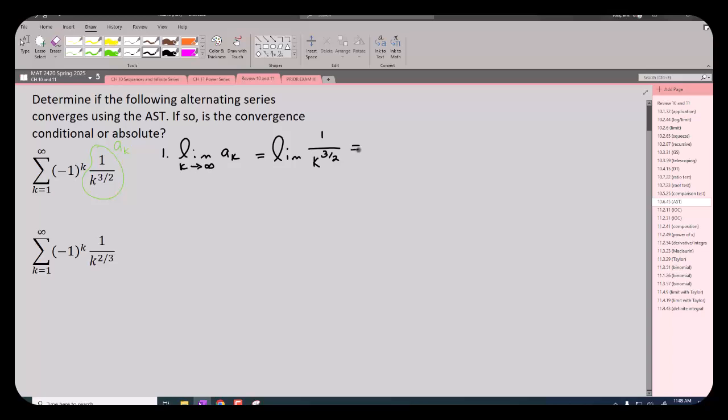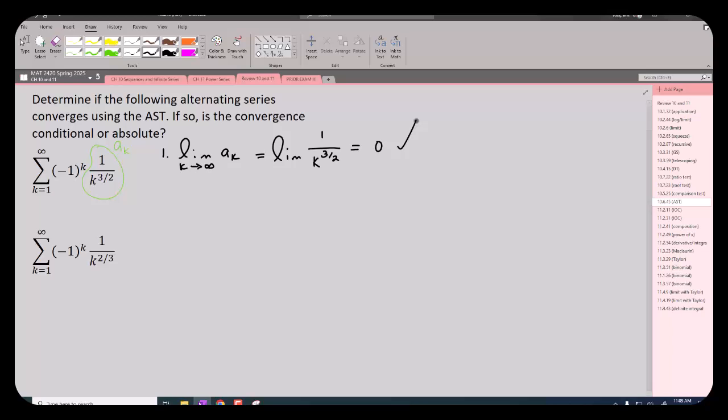That is 0. So that denominator, k to the 3 halves, is going to infinity slowly, but it's going to infinity. 1 divided by something going to infinity will go to 0. So that checks out. That's the divergence test piece of that. If that's not 0, diverge by divergence test.